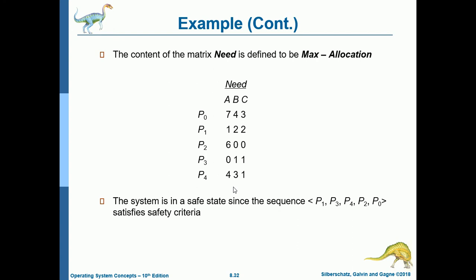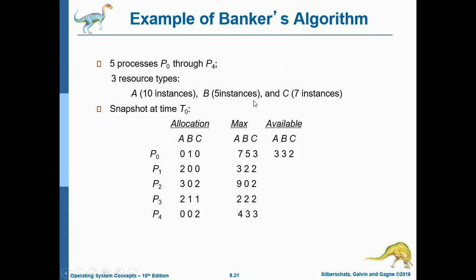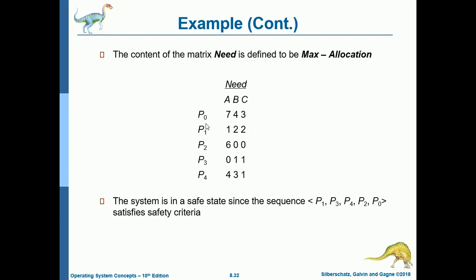The content of the matrix need is defined as max minus allocation. So you subtract from A to A, B to B, then C to C. After subtracting max minus allocation per process, this is the result.